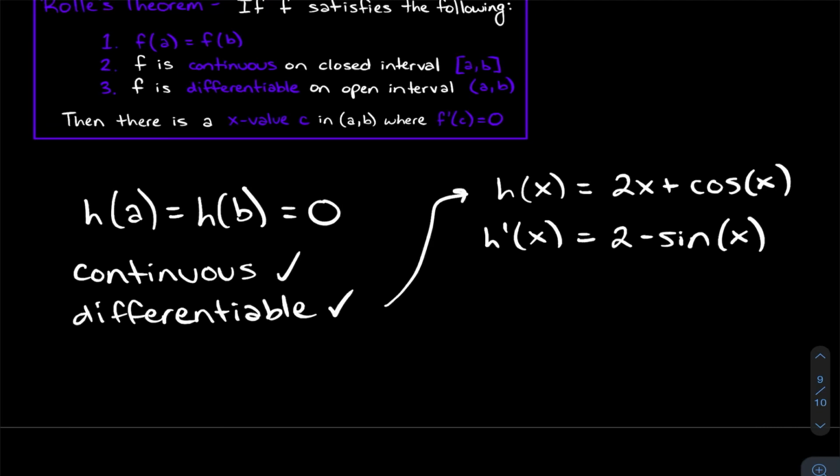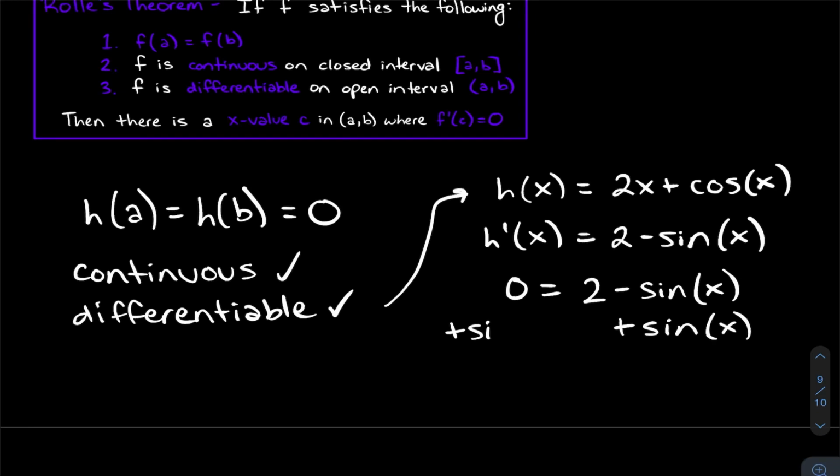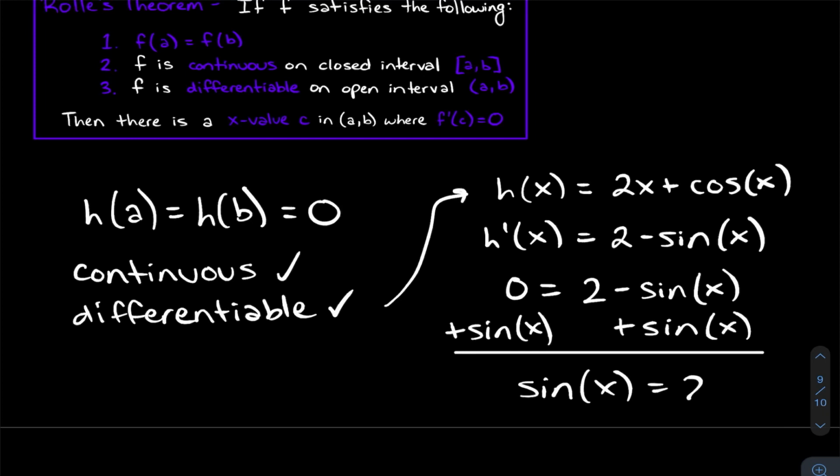And if there was a turnaround point, the slope would have to be 0. So let's see if there's any solutions here. What I'd like to do at this point is add sine x to both sides. And there you go. You get that sine of x is equal to 2.